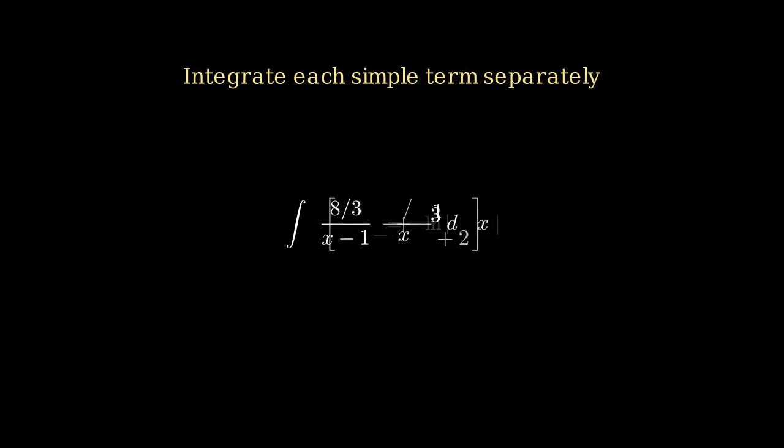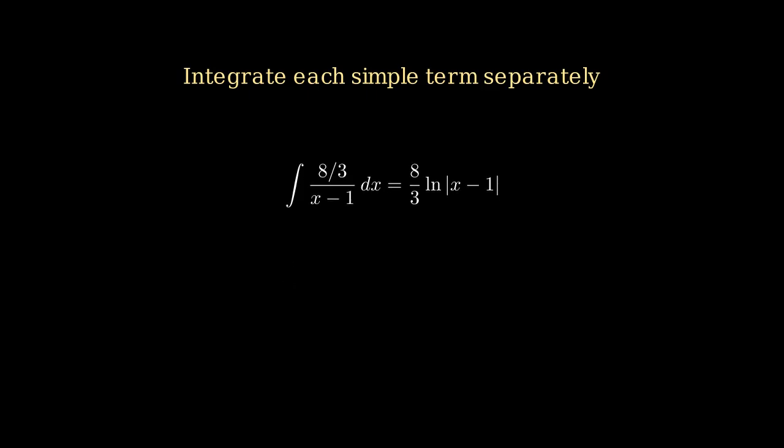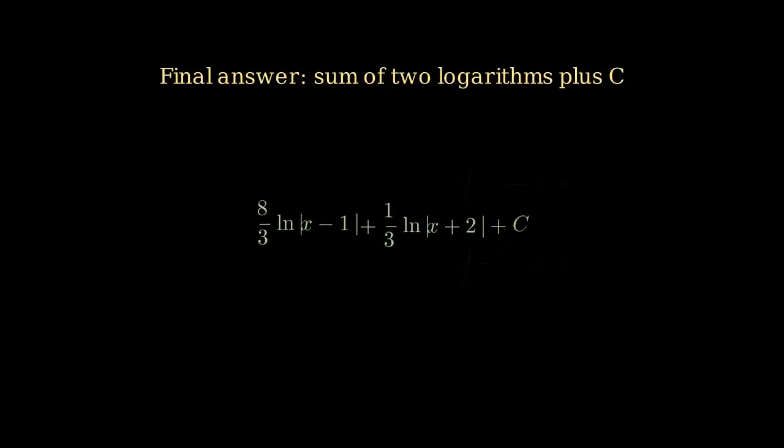Integrating each simple term separately, the integral of (8 over 3) divided by (x minus 1) dx is 8 over 3 times natural log of the absolute value of x minus 1, and the integral of (1 over 3) divided by (x plus 2) dx is 1 over 3 times natural log of the absolute value of x plus 2. So the final answer is 8 over 3 times natural log of the absolute value of x minus 1 plus 1 over 3 times natural log of the absolute value of x plus 2 plus a constant of integration.